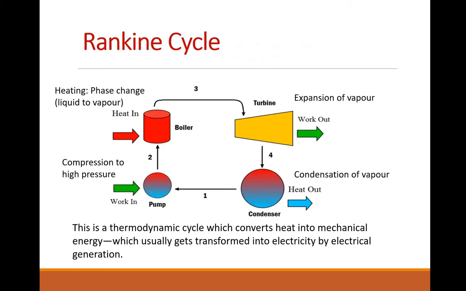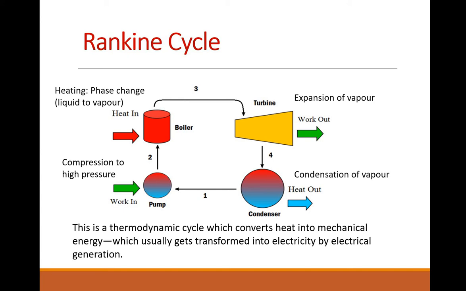Next, the basic thermodynamic cycle in the case of a thermal power plant is the Rankine cycle. The Rankine cycle is named after the scientist who first developed it. We won't go into that much detail.